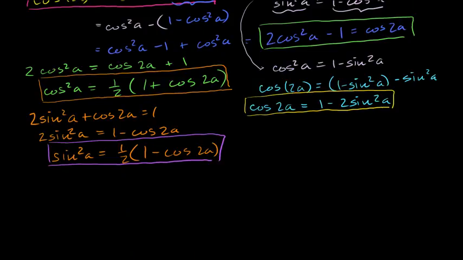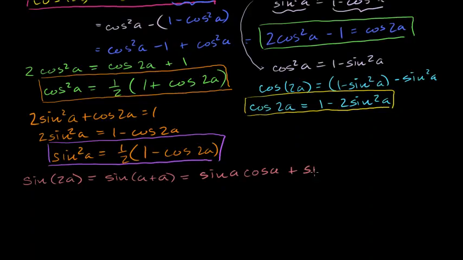So let me pick a new color here that I haven't used. Well, I've pretty much used all my colors. So if I want to figure out the sine of 2a, this is equal to the sine of a plus a, which is equal to the sine of a times the cosine of a, plus, using the sine of A plus B formula, the sine of the second a times the cosine of the first a.